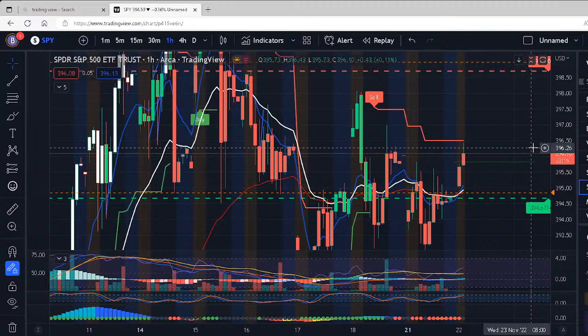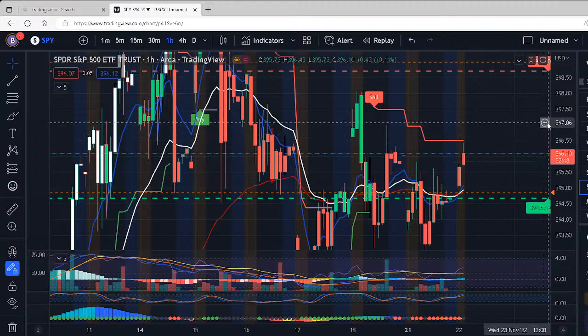Okay, so the call trigger on SPY is going to be 396.65. Now you guys can put alerts on your chart so when it hits these price triggers, you know, calls or puts. The first price target will be 397.17.